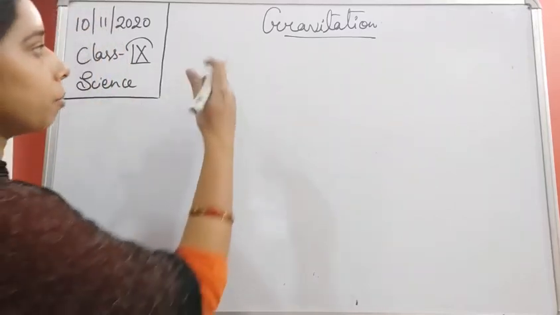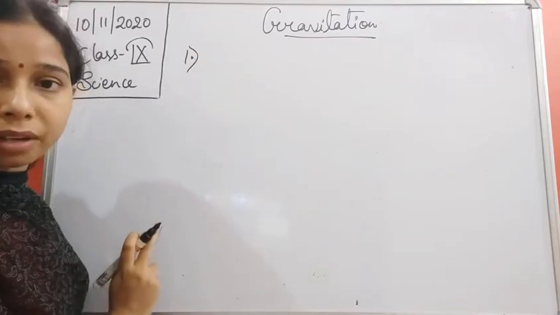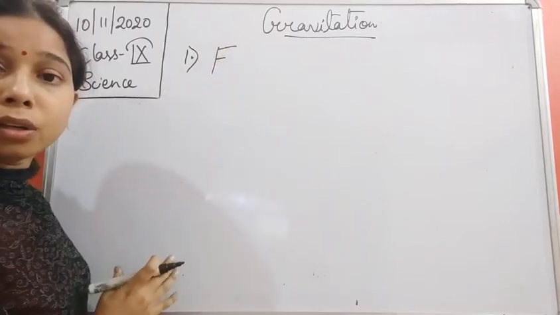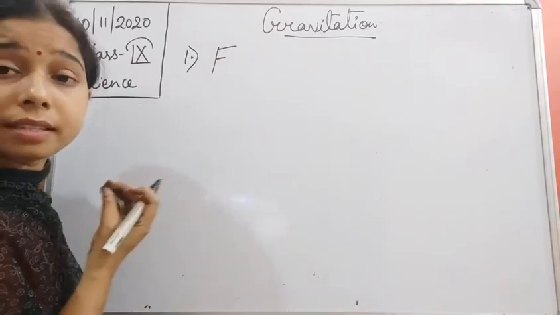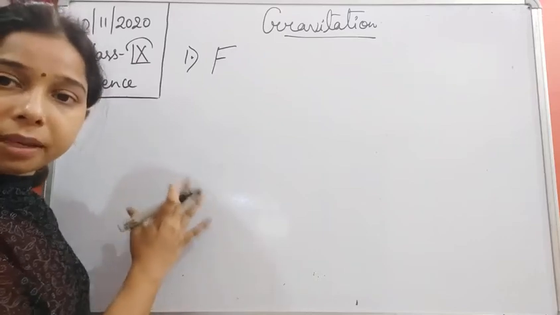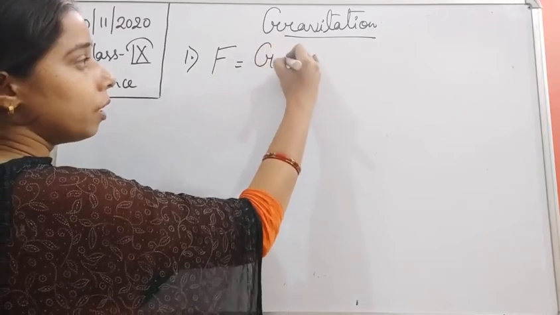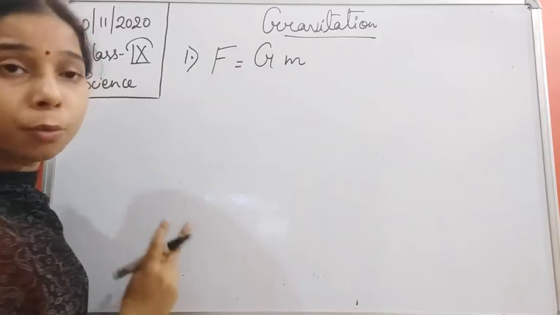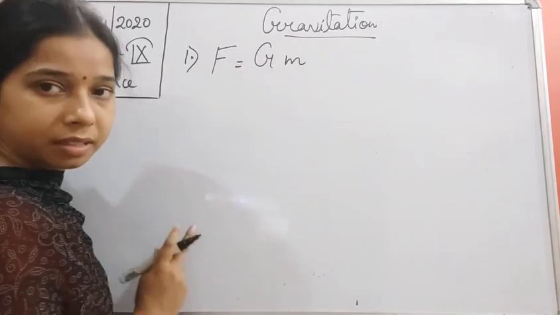The first formula is based on the universal law of gravitation. It states that the force of attraction between two objects having different masses, placed at a certain distance from each other, is directly proportional to the product of their masses and inversely proportional to the square of the distance between them.